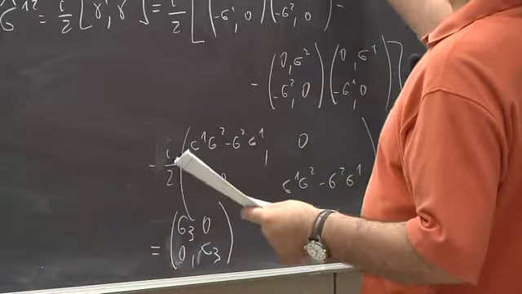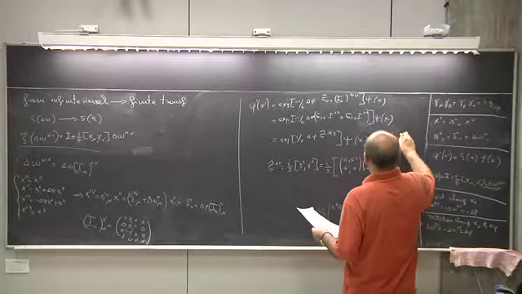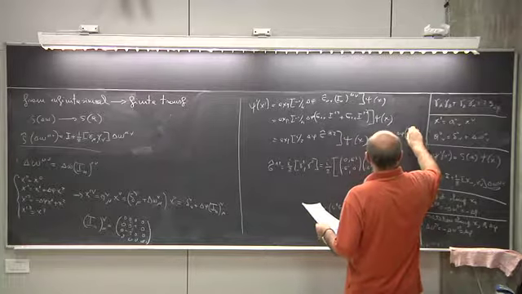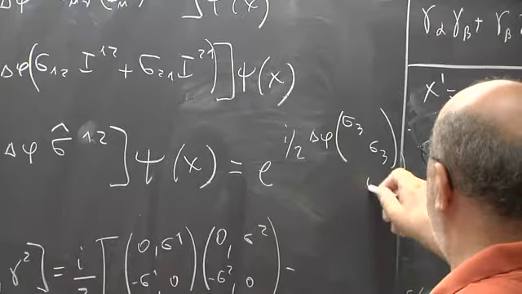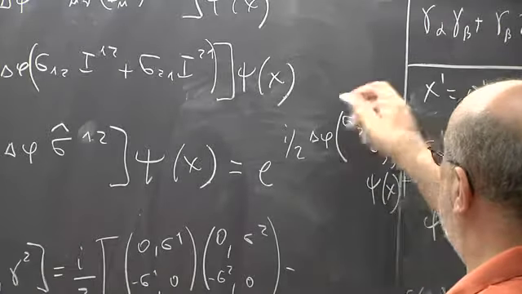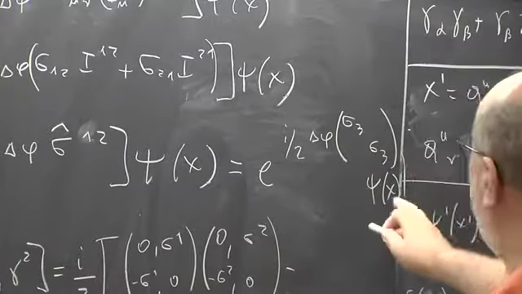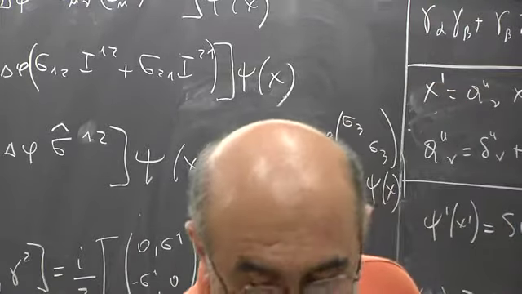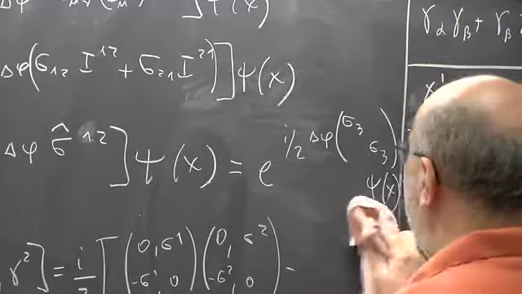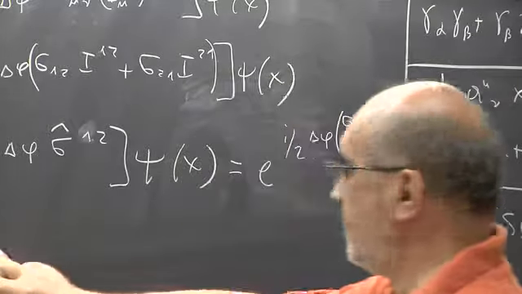So this rotation is nothing else than i/2 δφ σ_3, a 4x4 matrix applied on the 4x4 vector.